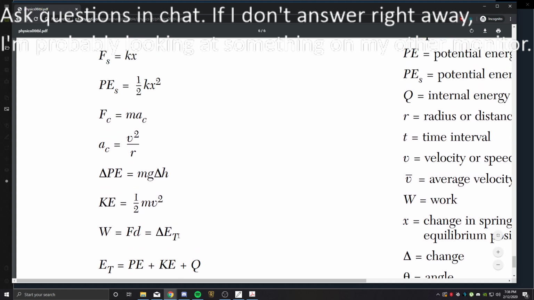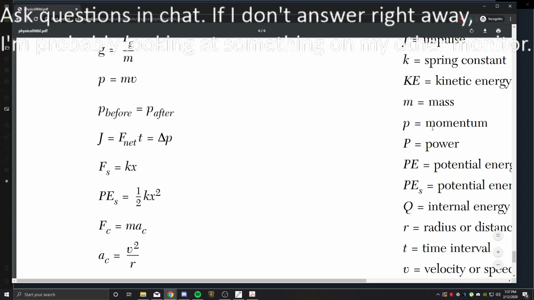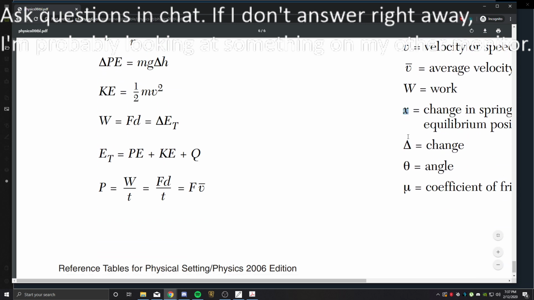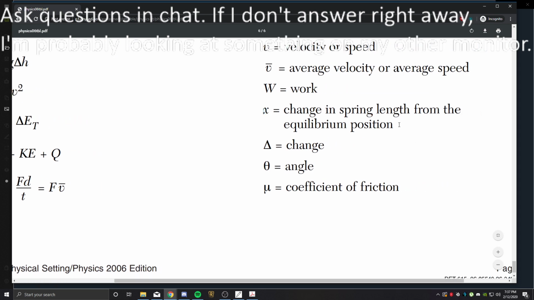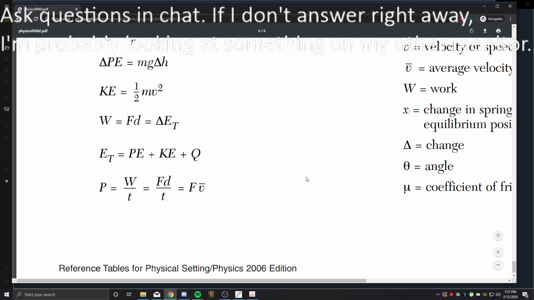The first two formulas that deal with Hooke's law and springs are these two right here. Fs is equal to kx. If you don't know what these mean, it's all on the right hand side. k is the spring constant, and x is the change in spring length from the equilibrium position. I paraphrased it, made it shorter.